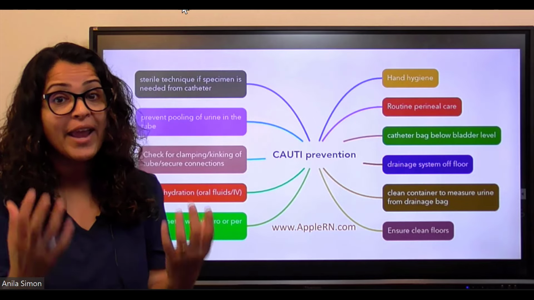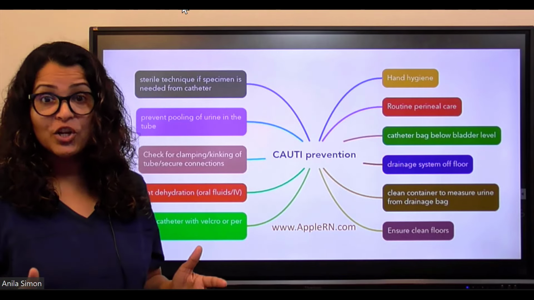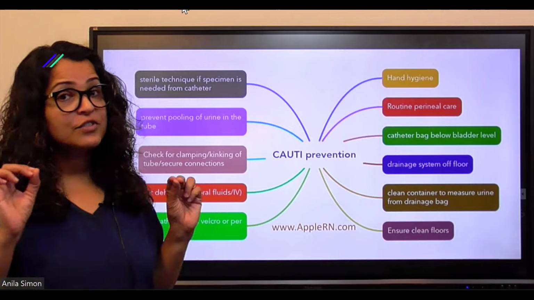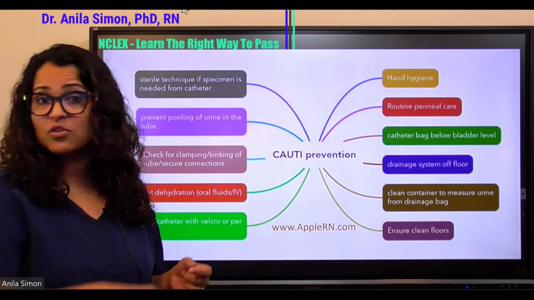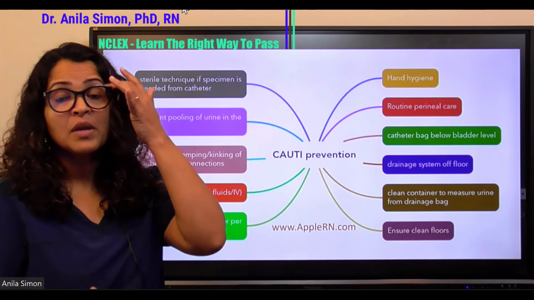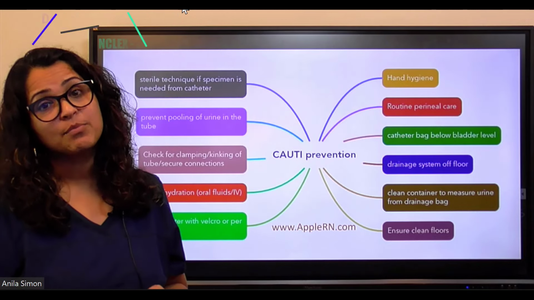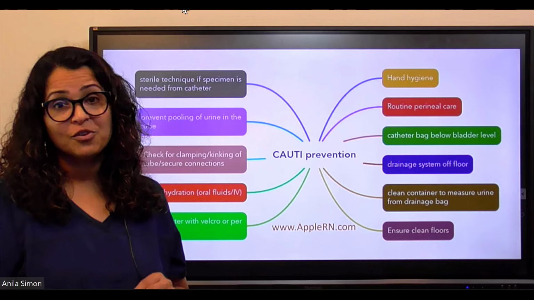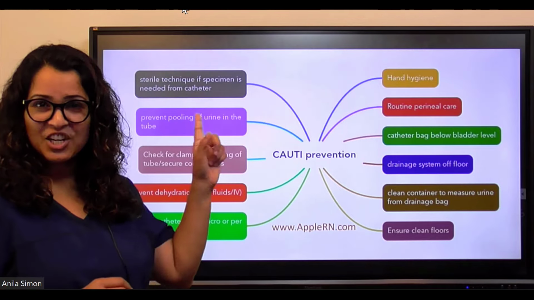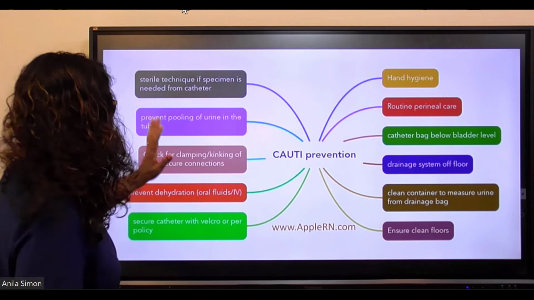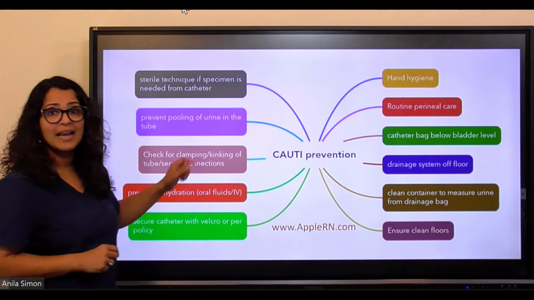We are so careful not to break the sterile field. So that kind of sterility should be there anytime we introduce something into the system. For example, if we need to take a urine specimen from the catheter, be very careful not to introduce any kind of bacteria, right? So, sterile technique.